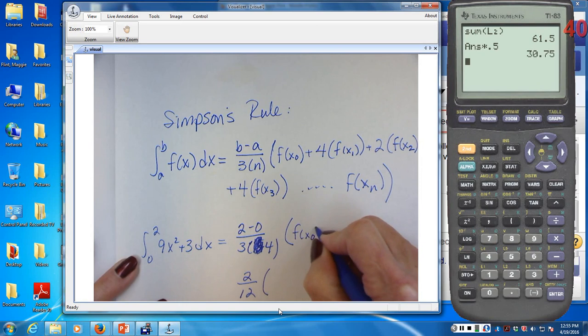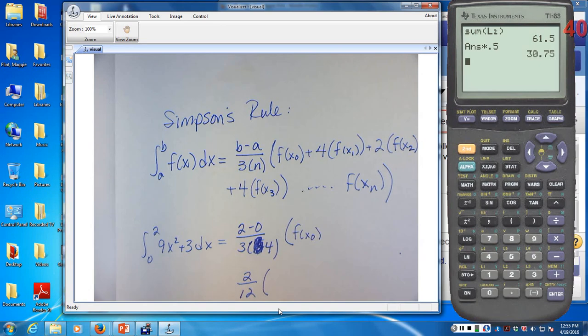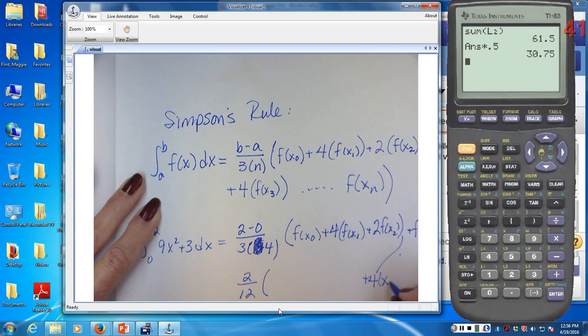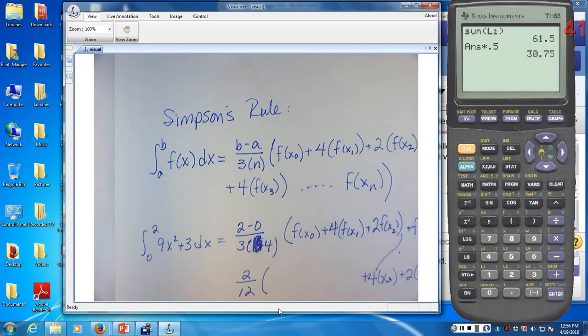And ours is going to be, since we've only got 5 endpoints, so that's where our terms are going to be.